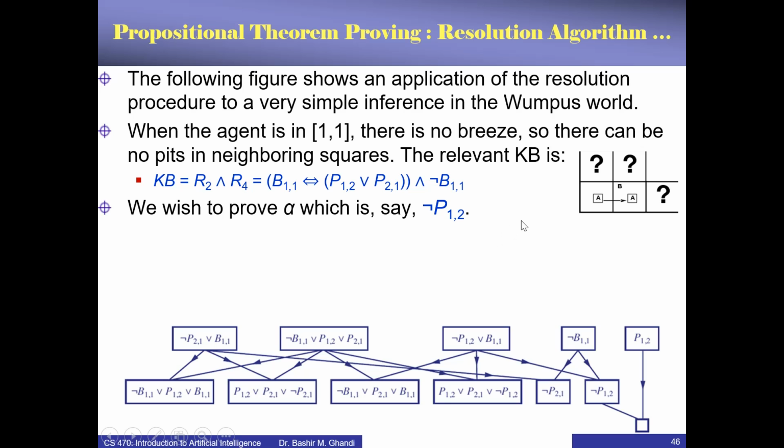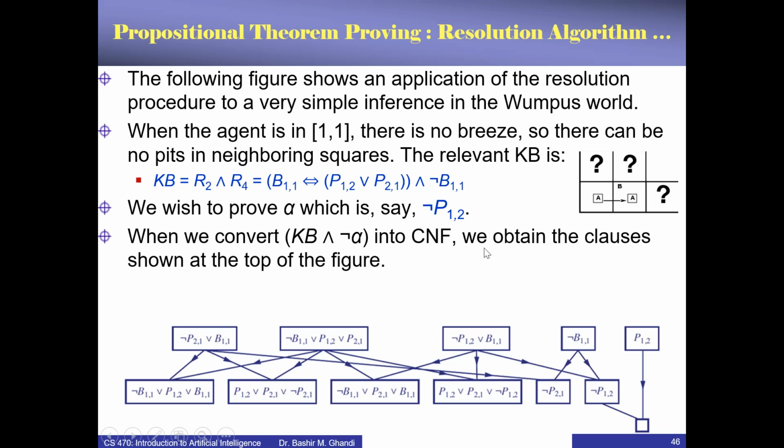Okay, so when we convert KB and not alpha into CNF, we obtain the clauses that are shown at the top of the figure. If you recall what we did last time, these were the clauses that were obtained when we convert this KB and not alpha into CNF.